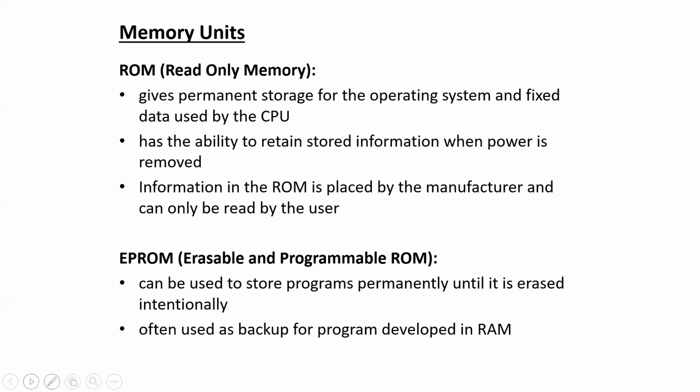The data stored in the ROM, if there is a power failure or power interruption, or if no power is supplied to the board, is not erased; it is kept intact.